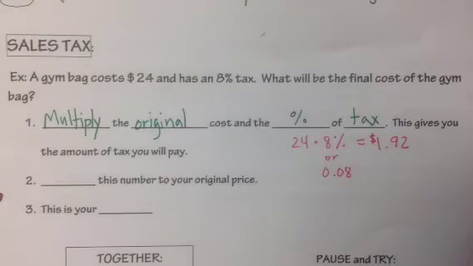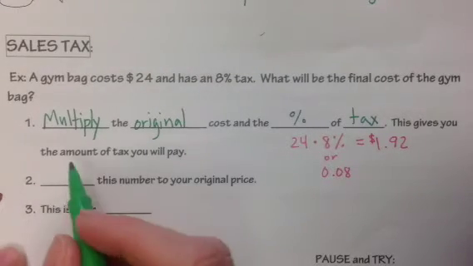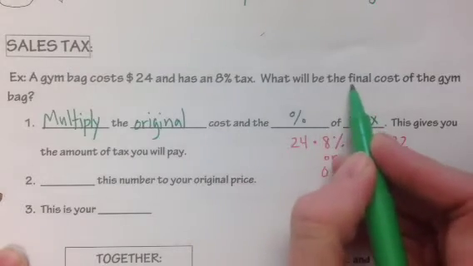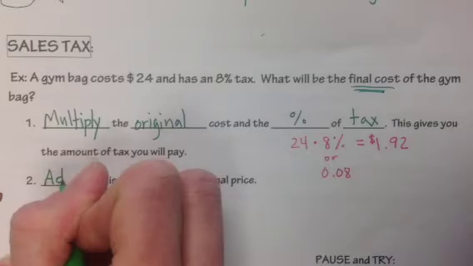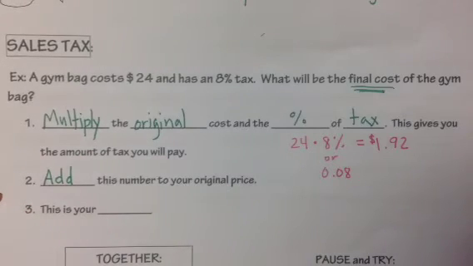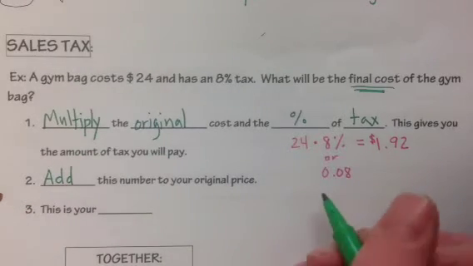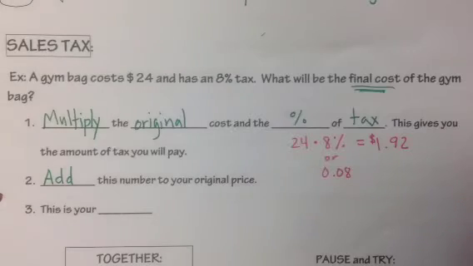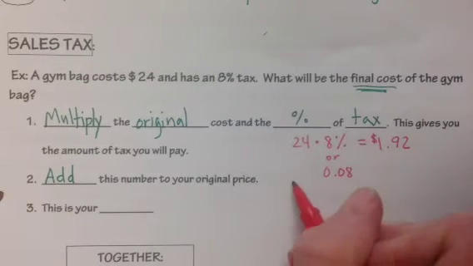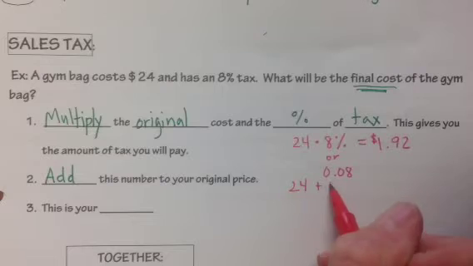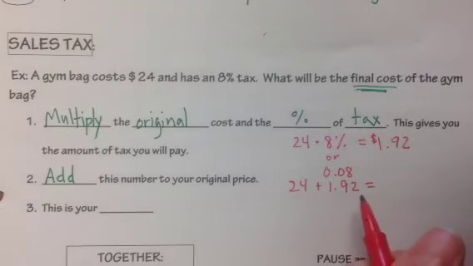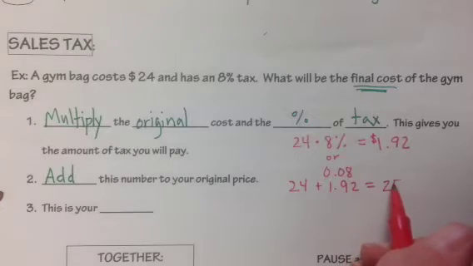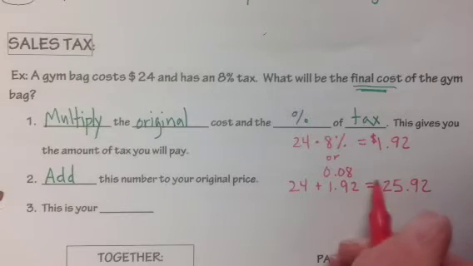Okay? Now, number two, because our question is the final cost, not how much tax, we need to then add this number to your original price. And so our original price was $24 plus the 1.92, and that gives us a total of $25.92.